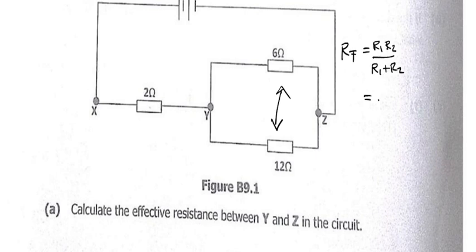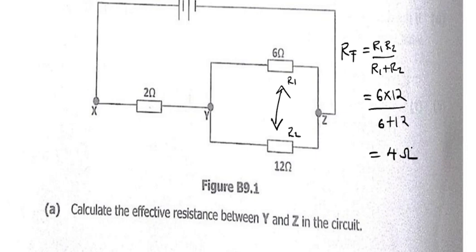So on top you multiply. So if I say this is my first R1, this is my R2, so I'll say 6 multiplied by 12 divided by 6 plus 12. So once you do that, you are going to find 4 ohms.